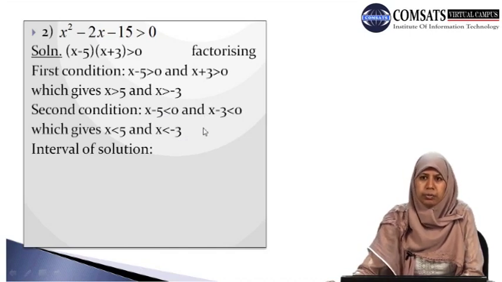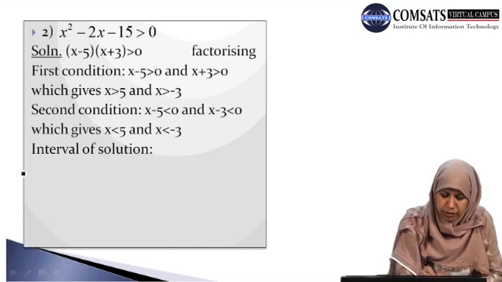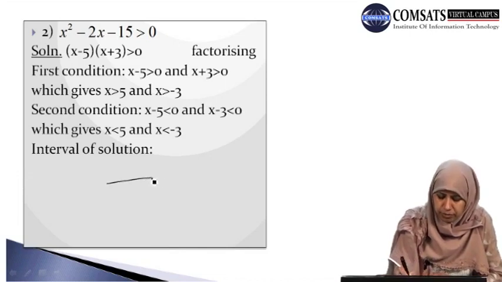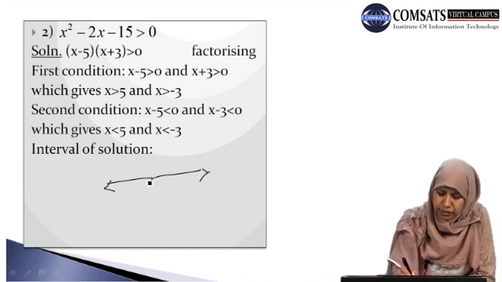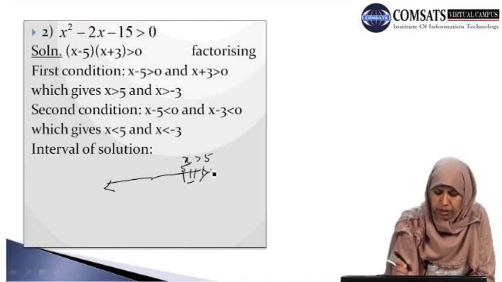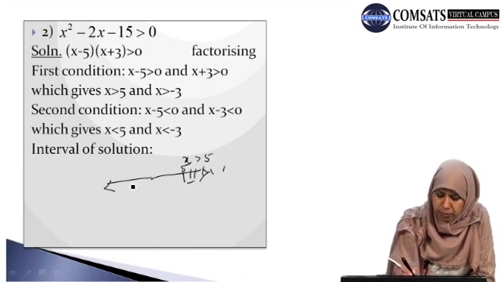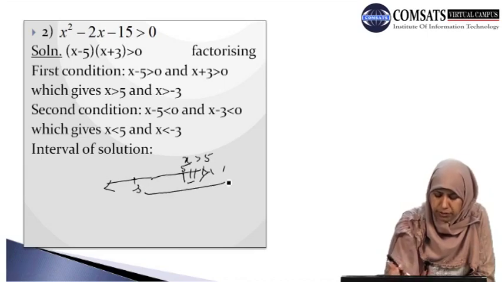So the question is, what will be the interval of this solution? If we have our real line and we have points, x is greater than 5 means this portion, and x is greater than -3, if -3 is here, means all this.